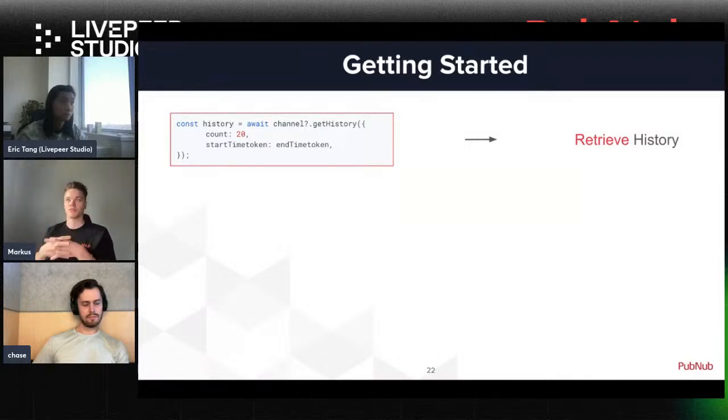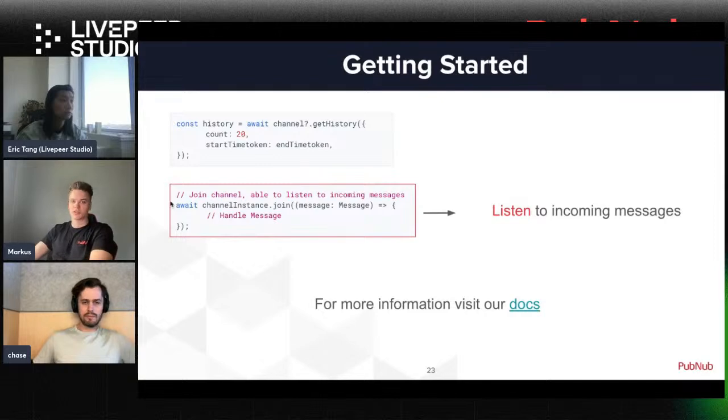If you don't specify a time token, you get the 20 most recent messages sent within that channel. Then using the channel instance, I was able to listen to incoming messages, which gave me access to the message object, which has a bunch of different parameters inside it. The main parameters are the text itself, the user ID, and who is sending the actual message.